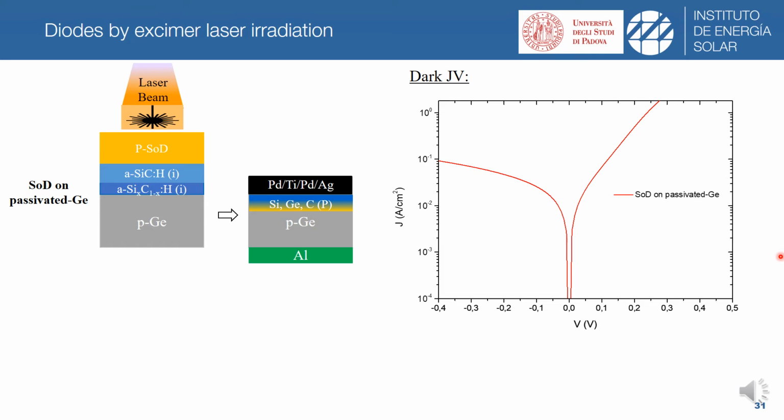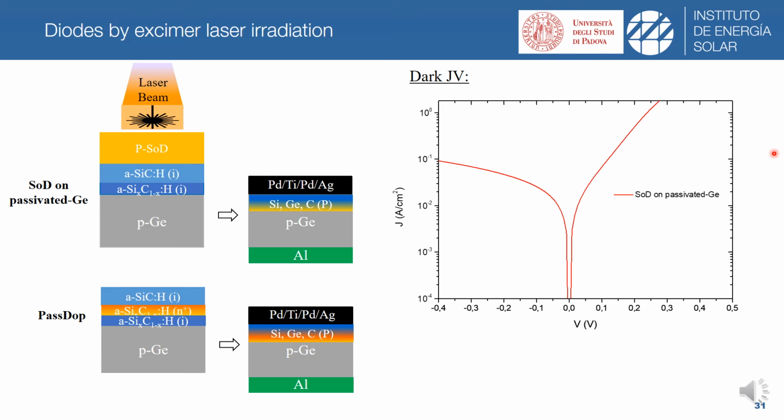As you can see here, where the dark IV characteristics are represented for this technology, you can see that rectifying behavior has been achieved, but there is a very high leakage current and also shunting and very high recombination in forward bias.